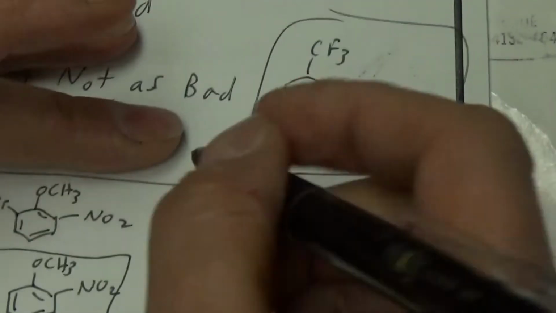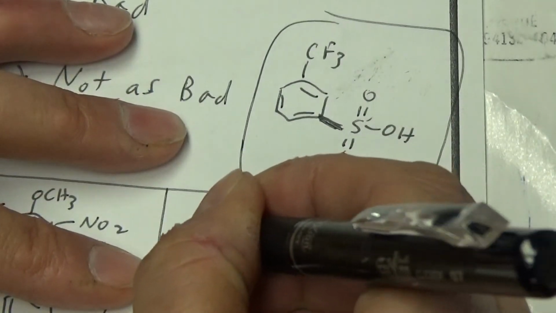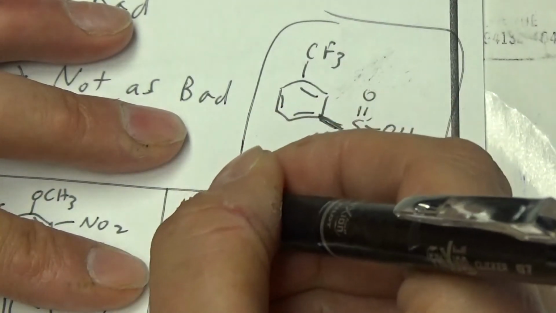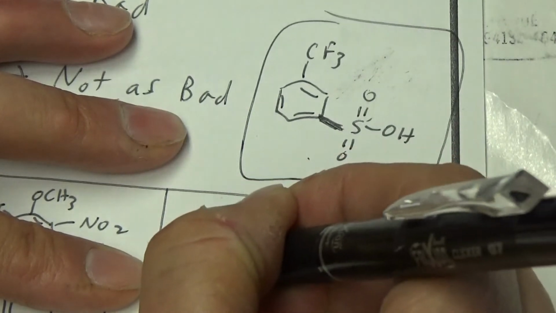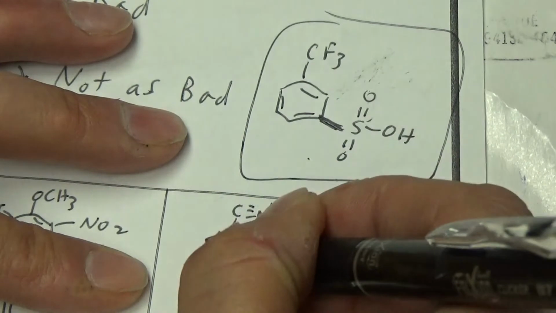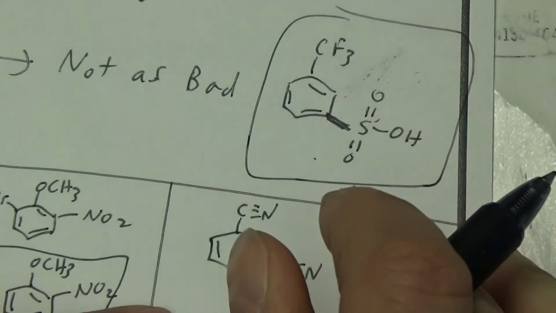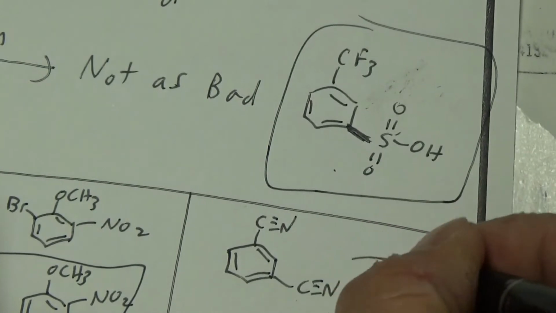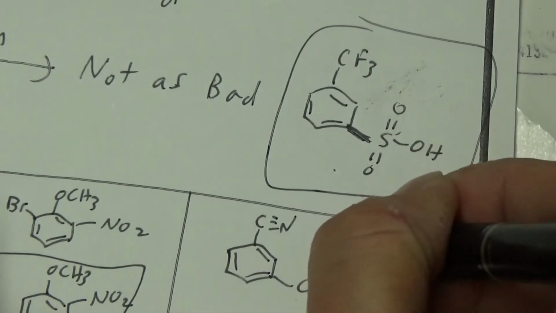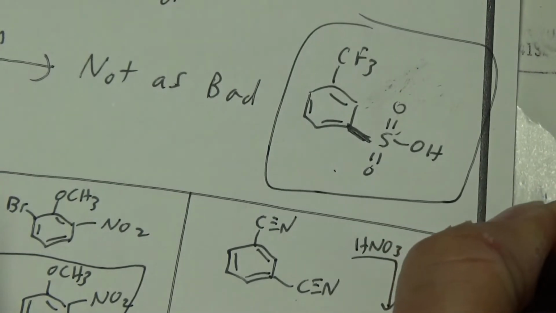Let's just do one more like this, though. Just another example, as we work our way towards more complex problems. C triple bond N, now nitrile, C triple bond N. Okay. And let's do HNO3, H2SO4.